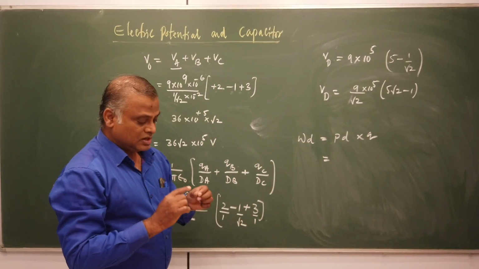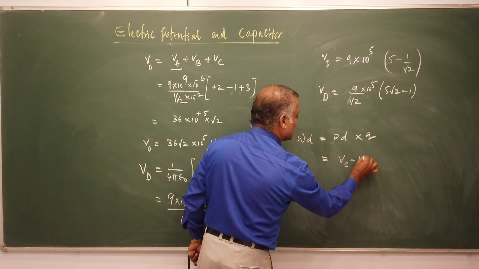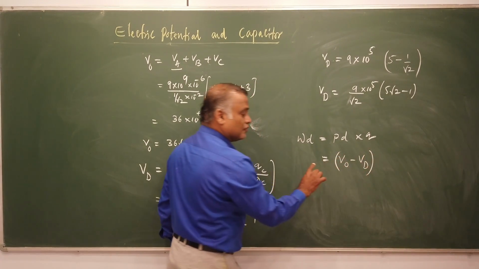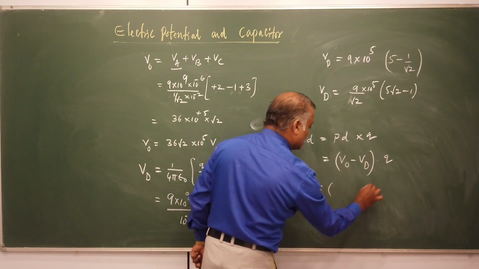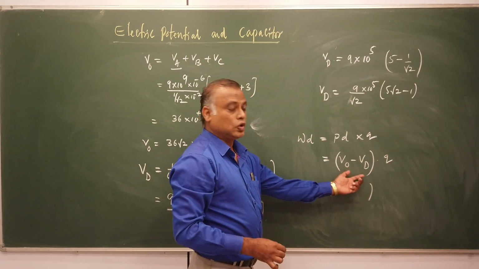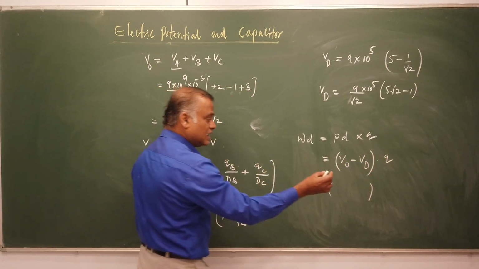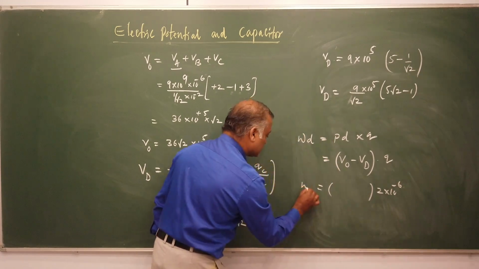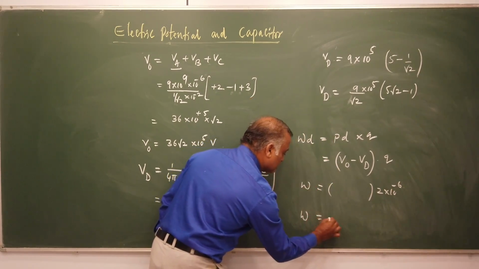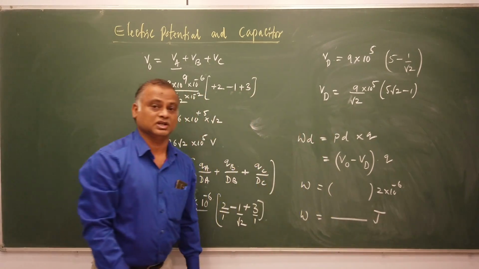Charge is carried from D to O. Final point is O. VO minus VD, into the charge that is being carried. Now you have to do your own. VO minus VD you have to solve. What is the charge that is being carried? 2 microcoulomb, 2 into 10 to the power of minus 6. And that work done is, you get some value. We express that in terms of joules.